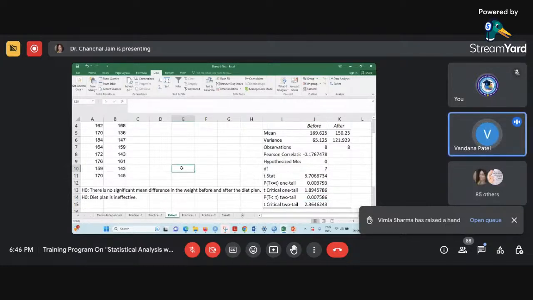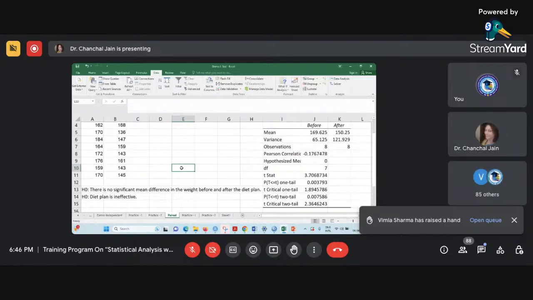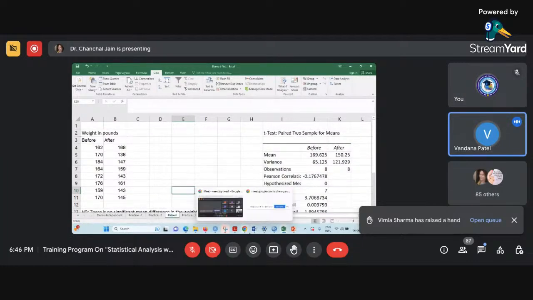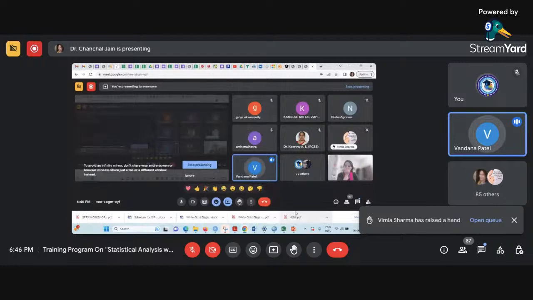Yes. Ma'am, in this we have a single group where a particular diet plan is being implemented, and we have seen what changes there were in the weight before and after the diet plan. This is for a single group.